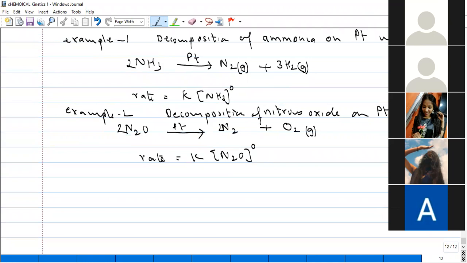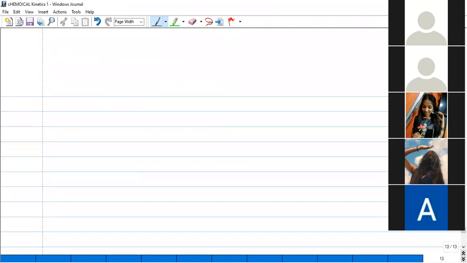Now we are going to derive the integrated rate law for the zero order reaction.